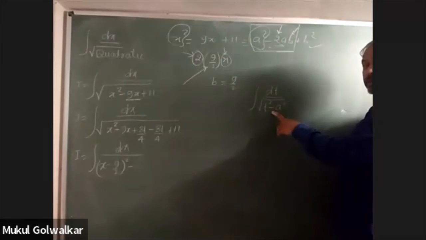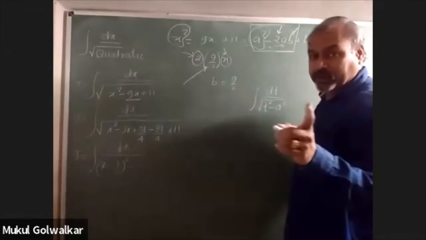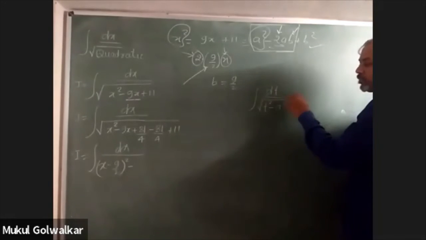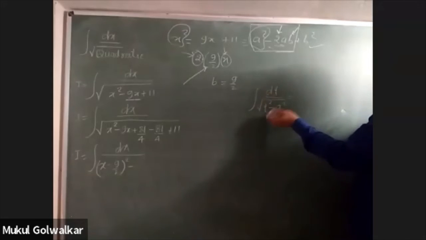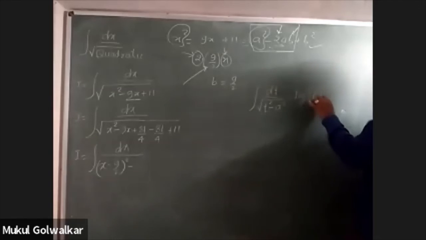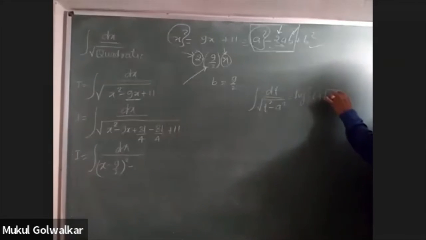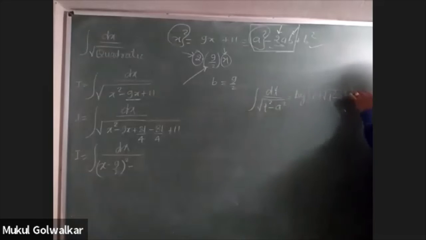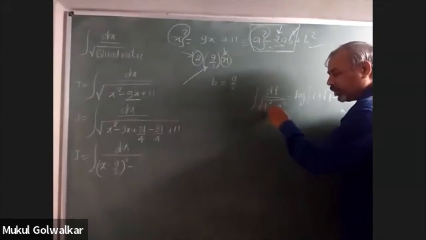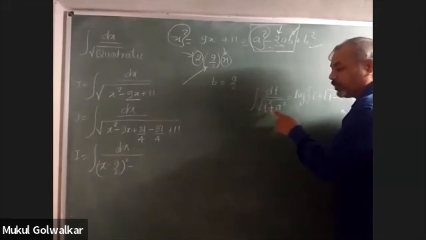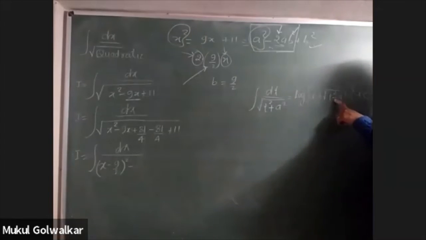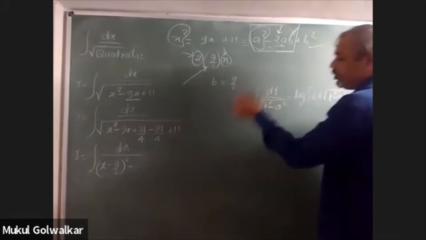The final answer for that is log of t plus under root of t square minus a square, plus c. But if you commit a mistake and write it as t square plus a square, then somewhere in the final answer you are going to commit a mistake. So be careful while simplifying the values.